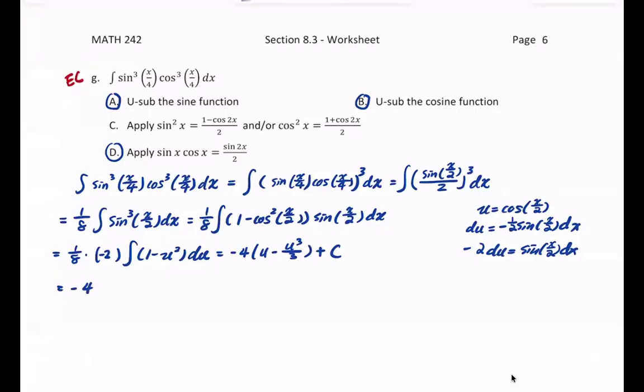So your answer is in terms of cosine of x over 2. Oh, sorry, x over 4.